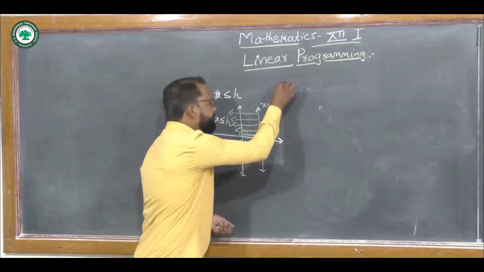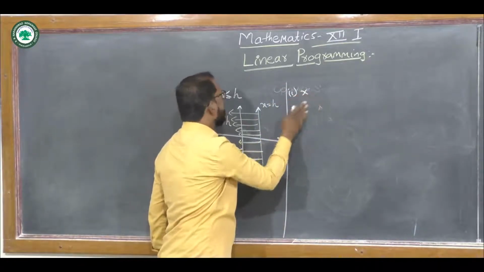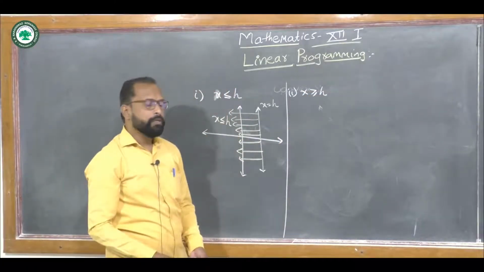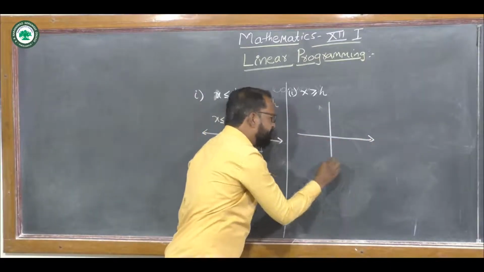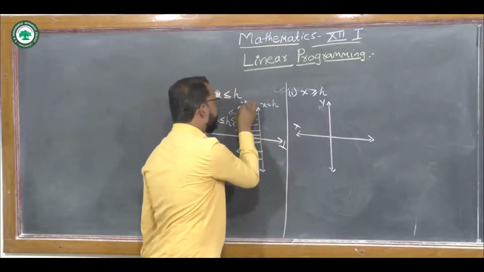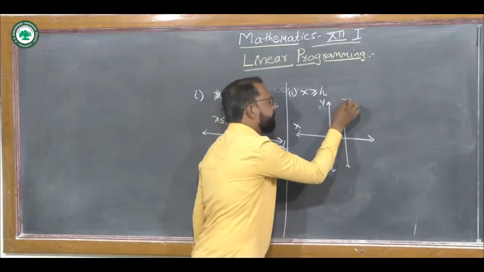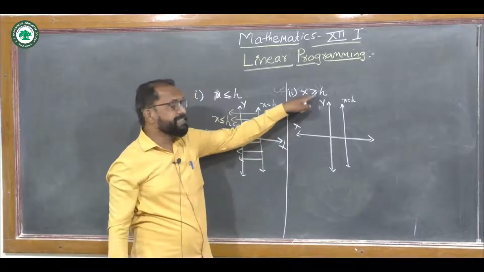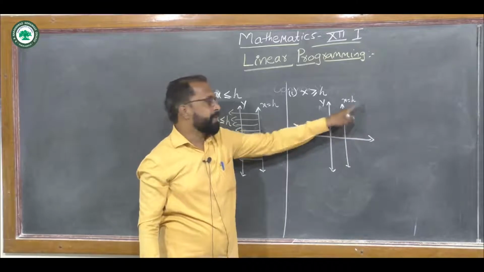Now the next type, number 2, is x is greater than or equal to h. Again, if we draw the line x equals h, then the region for x is greater than or equal to h is the right side of that line.